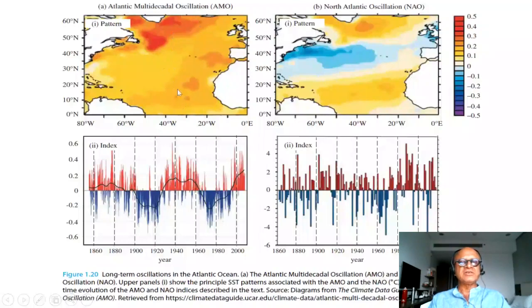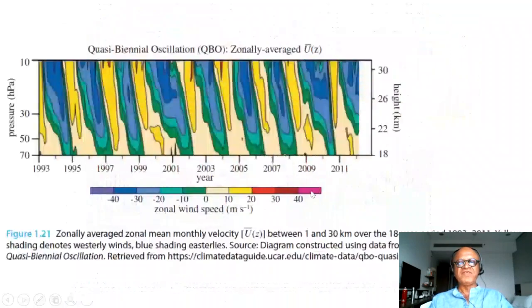You can see that this is the same sign over this whole region from the deep tropics to the higher latitudes, whereas this one has this tripole pattern, and the time scales are very different as well. Okay, this has got a multidecadal time scale of 50-60 years. This has got a multi-year to decadal time scale of something like 2 to 10, 15 years.